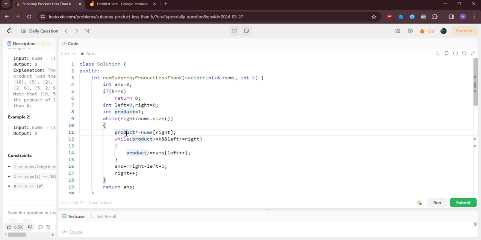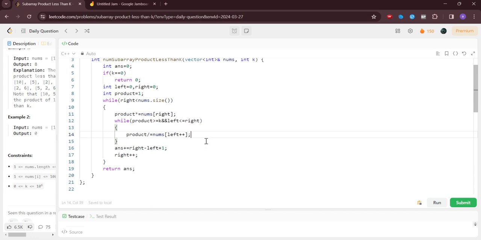So I am trying to reduce the left so that we can shrink the sliding window, and we can have the product which is less than k. Till it becomes less than k, this while loop is going to do the division with nums of left, and after doing the division, we are going to increment the left pointer.